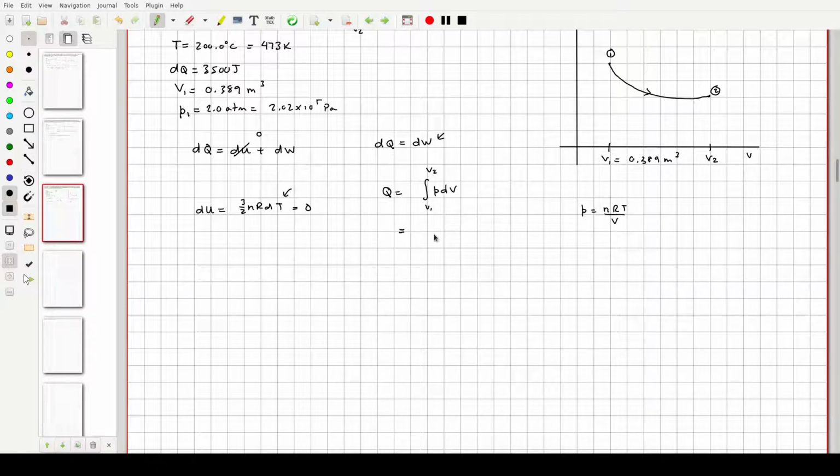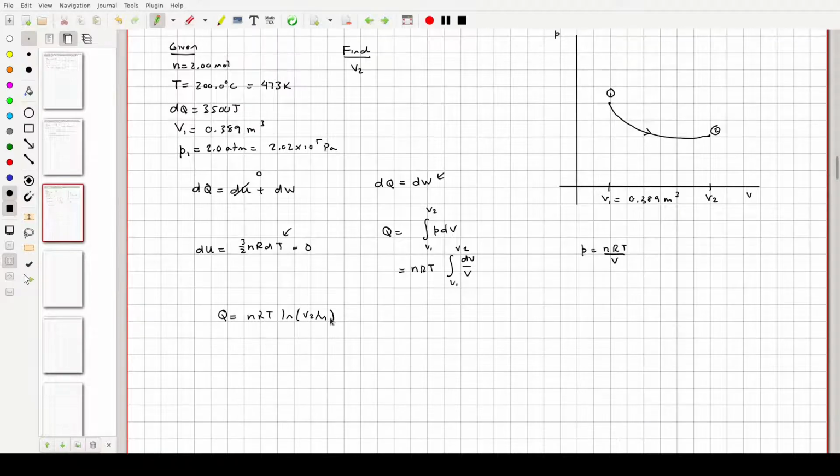This is isothermal, so that's constant. If I plug this in for P, you're integrating dV over V from V1 to V2. And there's your relationship right there: nRT times the natural log of V2 over V1.